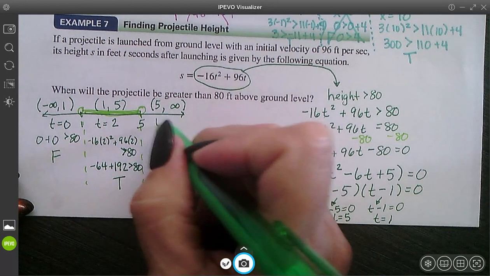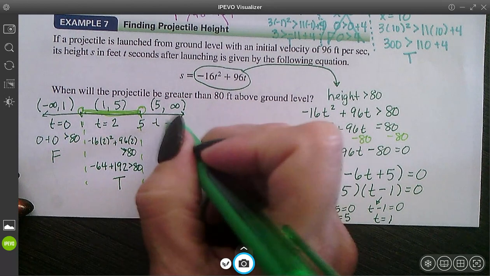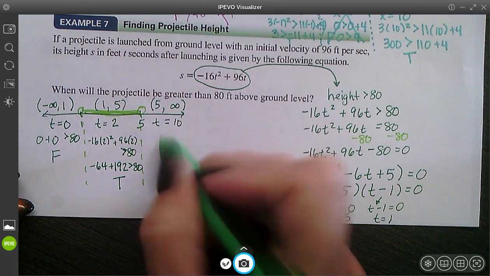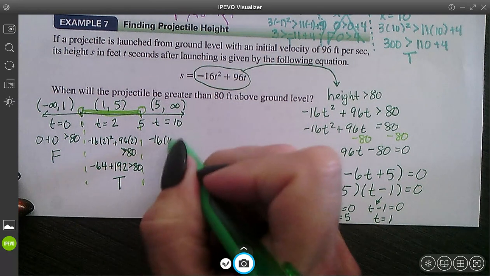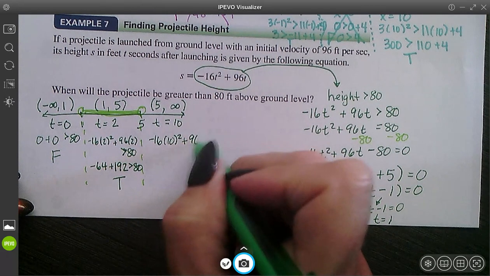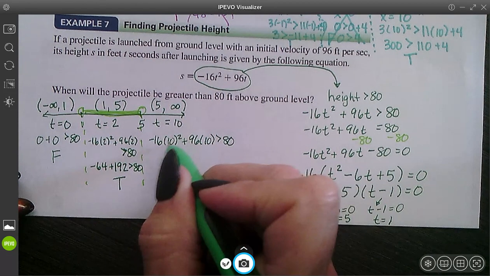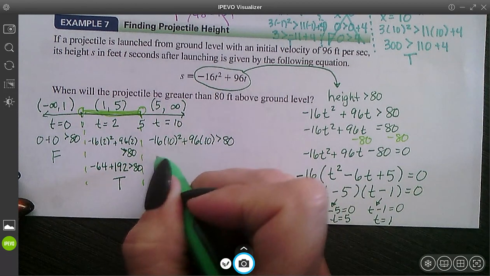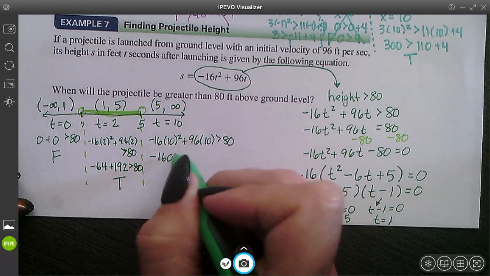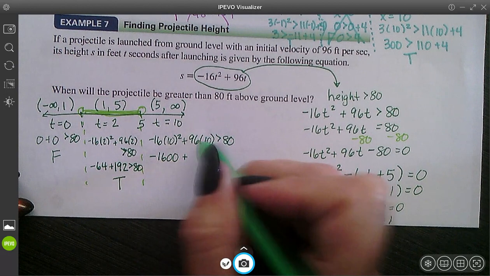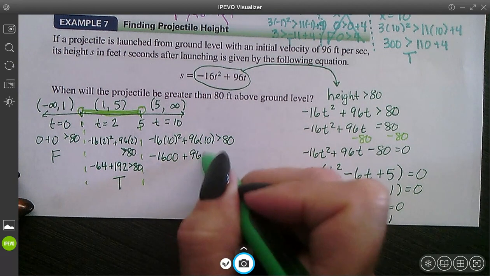And then if I pick a number bigger than 5, I'm going to go with 10. I have negative 16 times 10 squared plus 96 times 10. Is that bigger than 80? 10 squared is 100, times negative 16 is negative 1600, plus 96 times 10 is 960.